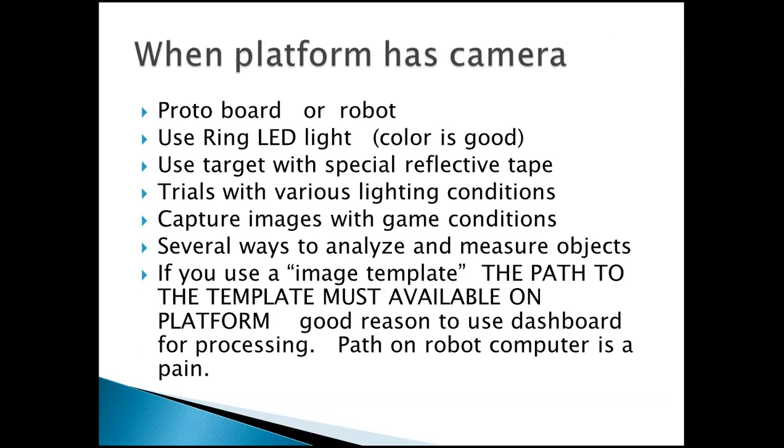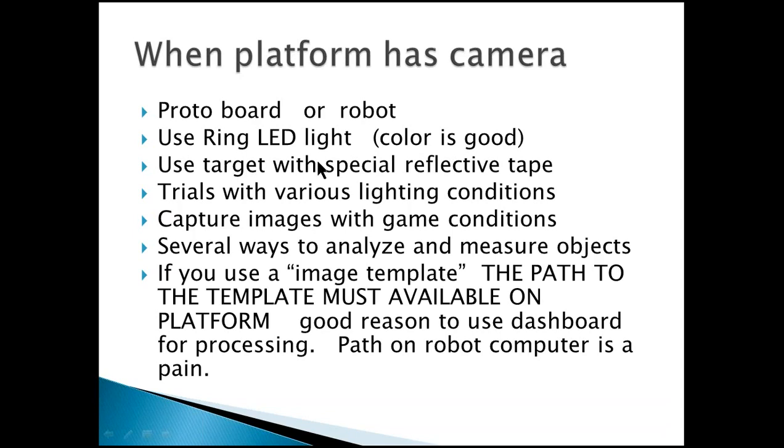When you get the platform with your camera, you can take a step further by actually using illuminated images. You want to make sure that you use a ring LED for illumination. The one that we use is white, but frankly, red is extremely good.